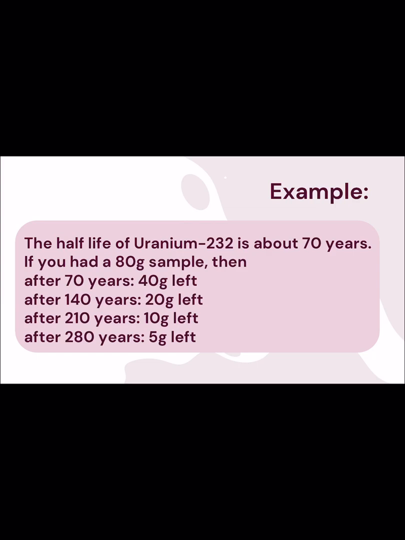So we multiply the 20 by 1/2, we get 10 grams left. After another 70 years, we're going to have another half of that sample left. So we multiply 10 by 1/2, and you get 5 grams. So, of course, going from one half-life to the next, you're just multiplying by a factor of 1/2. And you can do that indefinitely.